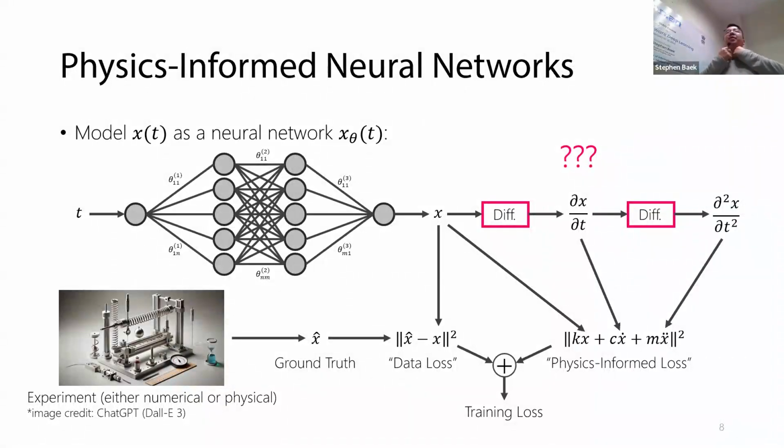The idea of the neural net that we've been building is basically some parametric representation of a mathematical relationship, and then we're interested in modeling the position x of that spring-mass-damper system as a function of time t, so that for any given time t, we can predict the position of the system, right?